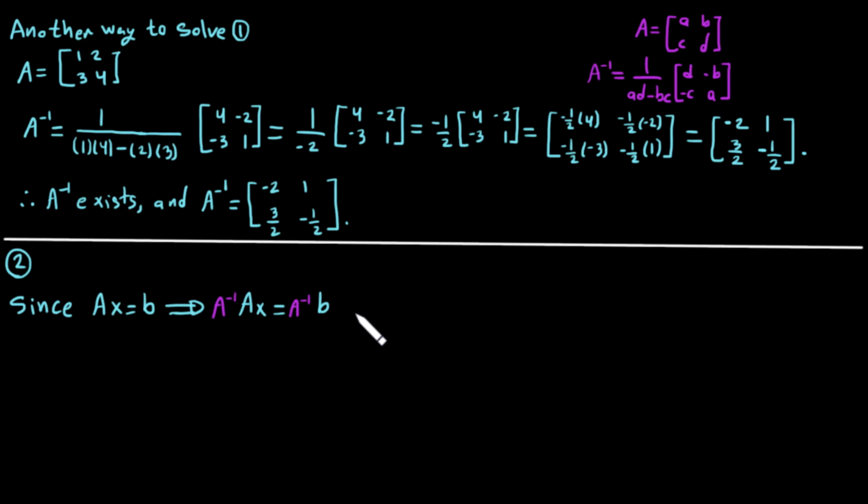Here B. Then we know this part, it will be identity. This part, it will be identity. Of course, with size 2, because we have 2 by 2 matrix. Here X, A inverse multiplied by B.